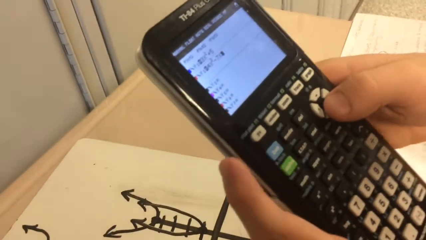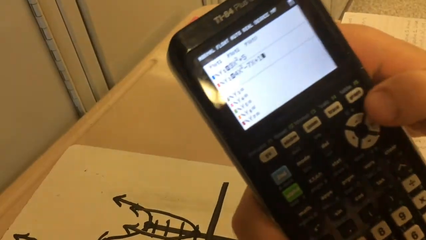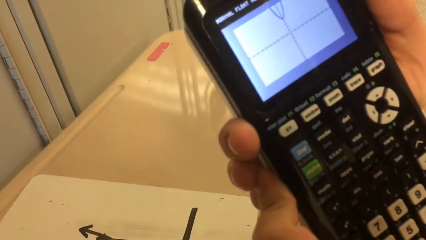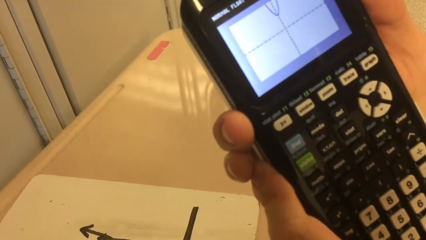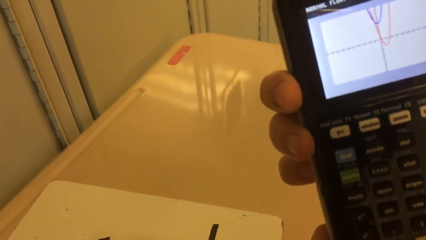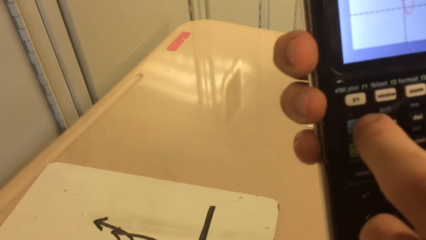So, in the interest of saving time, and the fact that it's not really meaningful, I won't put it in. And as you're going to see, once it loads, yeah, it looks like that. And as you can see, it's going to cross right about here and right about up there.